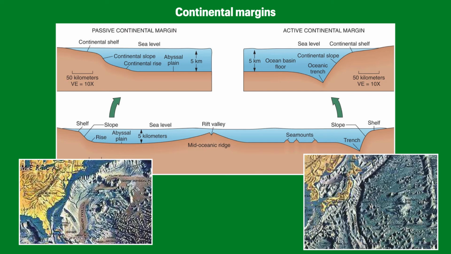Active continental margins are where there are active tectonics. So you look at Japan, and it's got the subduction of the Pacific plate. So it's an active continental margin, and they have different shapes to them. We'll first talk about passive margins and then talk about active margins.